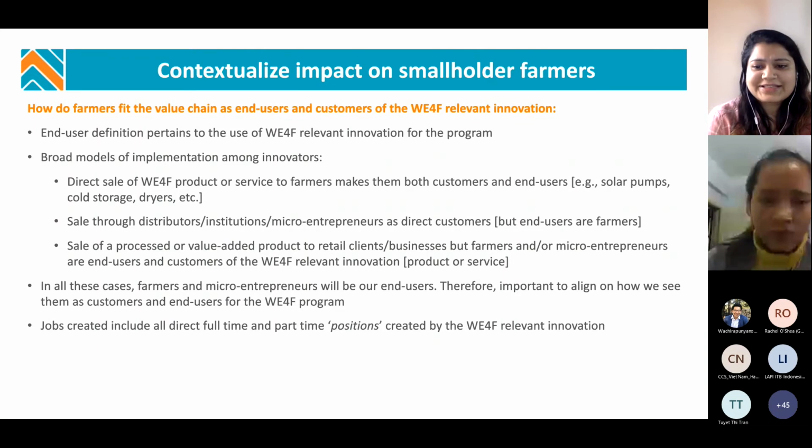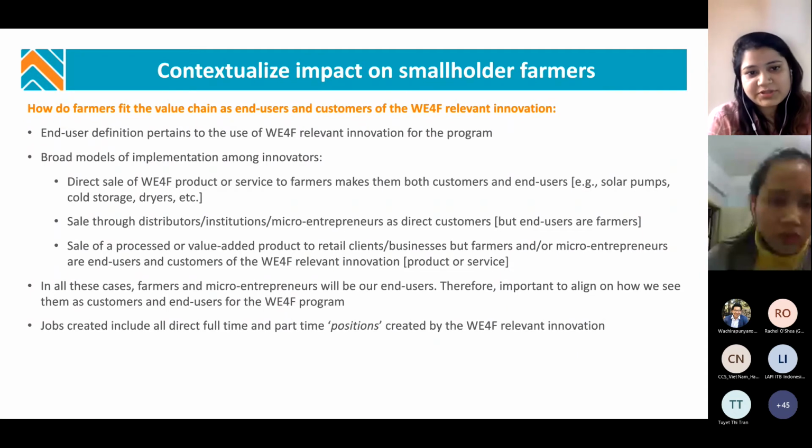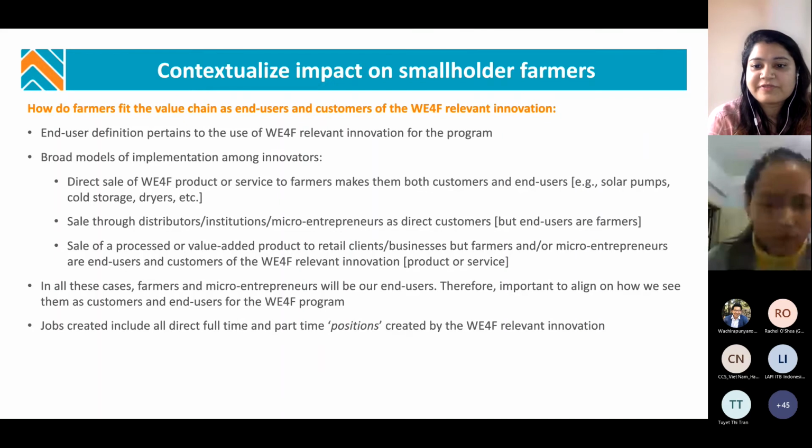Now, in this case, it's quite clear that farmers are both your customers as well as end users. Then there could be a model where you are selling your product or service to the farmers, but not directly. You're doing it through distributors, through institutions, or through micro entrepreneurs. In this case, your farmers, again, are your end users. Your direct customers may be distributors, institutions, and micro entrepreneurs, but your farmers are, again, your end users.